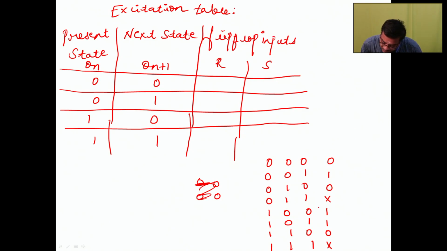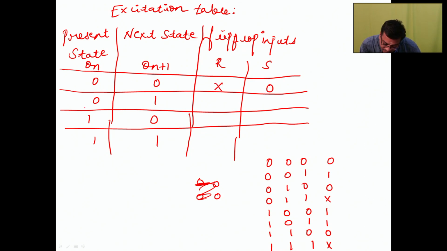What are the things we are going to get? Present state 0, next state 0: don't care 0.